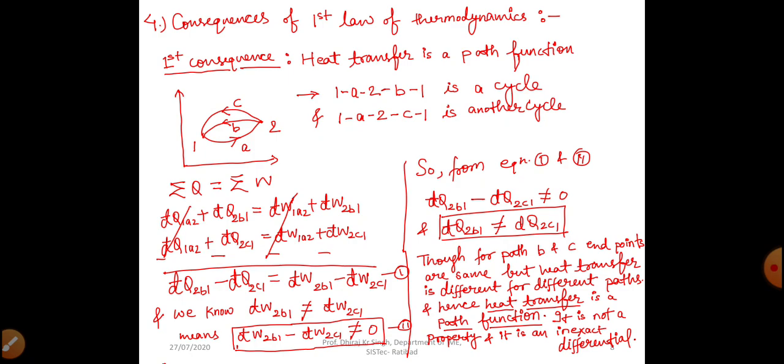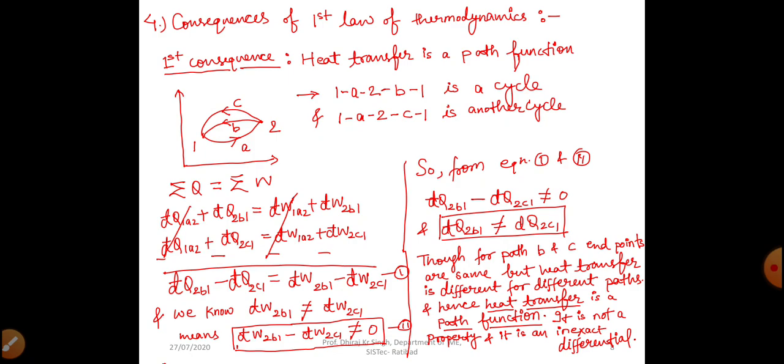Here also we have written that though for paths B and C the end points are the same, the heat transfer is different for different paths, and hence heat transfer is a path function. So that's why, dear students, we can say heat transfer is also a path function like work transfer.